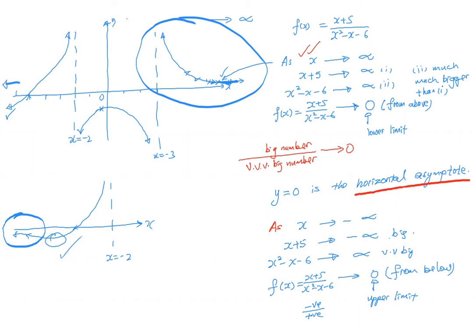If you say from above, that means this is the lower limit. That means the value of y is dropping. Do you see the value of y here is dropping? So this one, we call it the lower limit, or the lowest it can go.